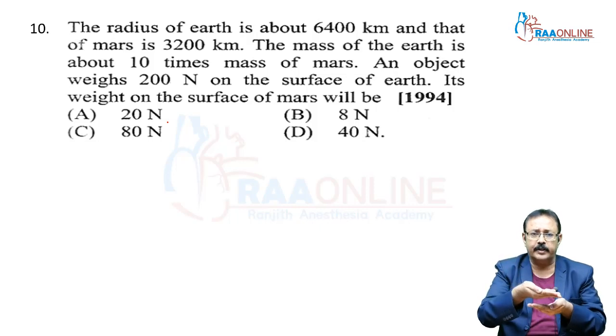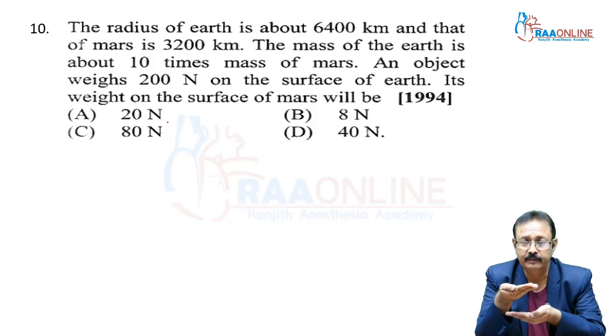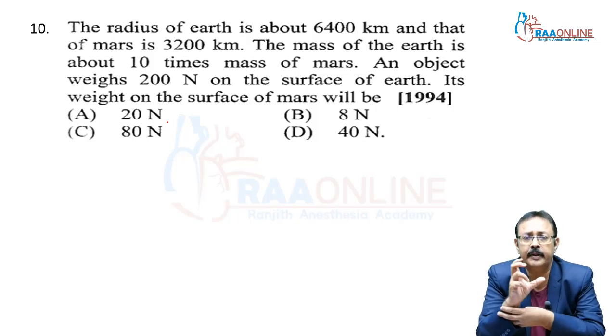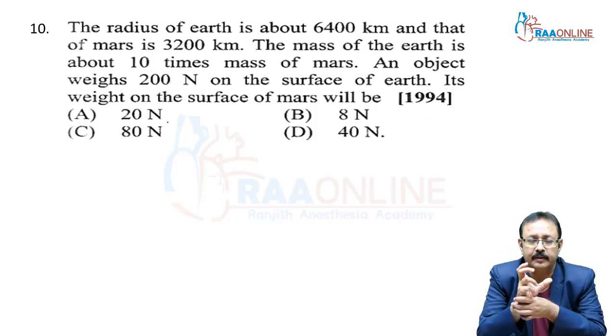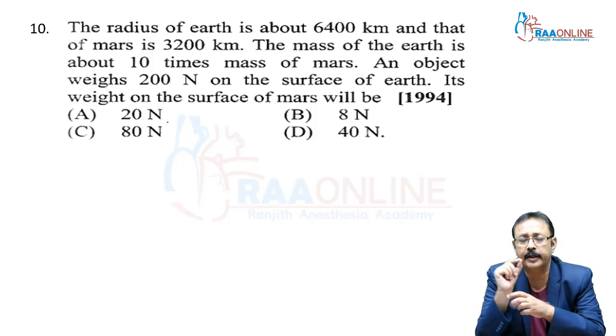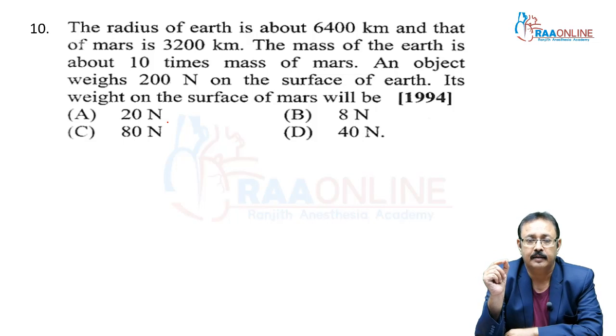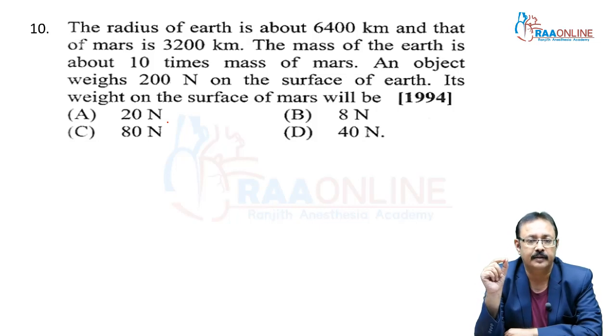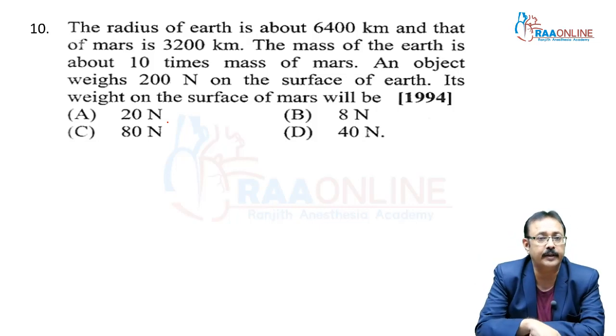In the 8th problem, you were taking an object to a distance from Earth's surface. So the value of g was decreasing. Due to that, there was a decrease in the weight. Weight means gravitational force. Same is here. You are taking one object to Mars. Definitely, acceleration due to gravity is different for Mars, so its weight is different there.